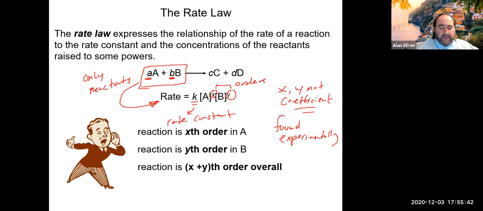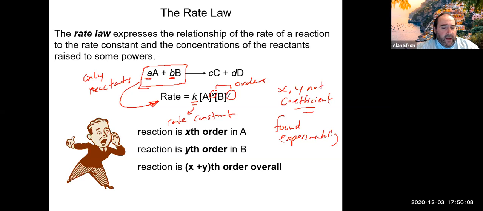So C and D will not ever show up in a rate law. It's only about those things that are reacting, how they react, the proportion that you need to put in to get a specific rate for this reaction to occur. It has nothing to do with products.